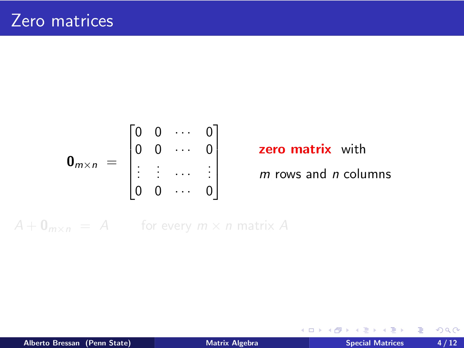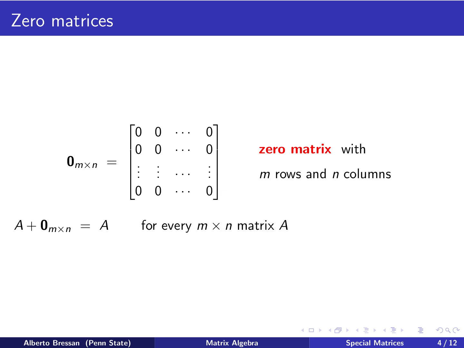So let's look at the zero matrix. What is a zero matrix? Let's say a zero matrix of size m by n. This is a matrix of size m by n where all the entries are 0, just a block of all 0 in this rectangular shape. So you see all the column vectors are 0 vectors and all the row vectors are 0 vectors.